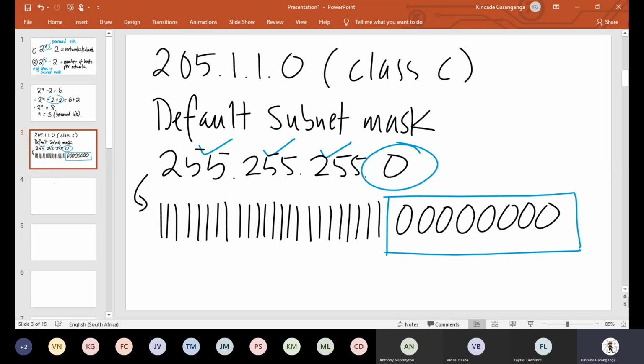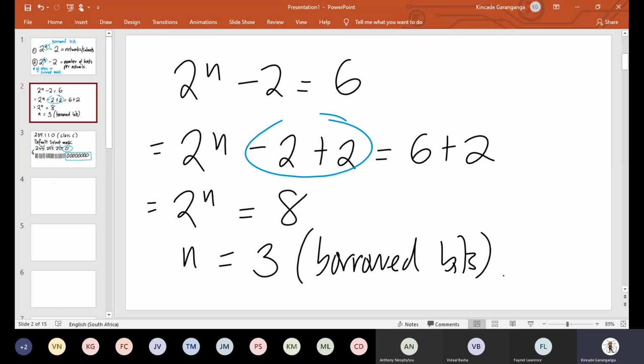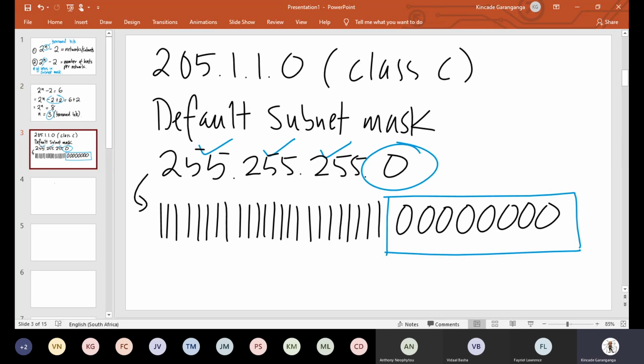What's happening with the borrowed bits? Remember, we've got 3 borrowed bits here. So what that typically means is that starting from our most significant position, continuing with the set of ones incorporated in that particular mask, we've got 1, 2, and 3 that are now converted into ones.